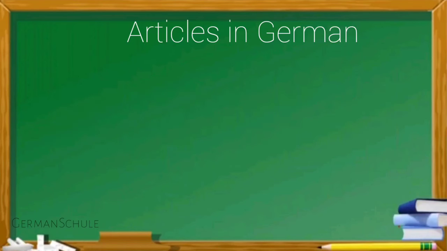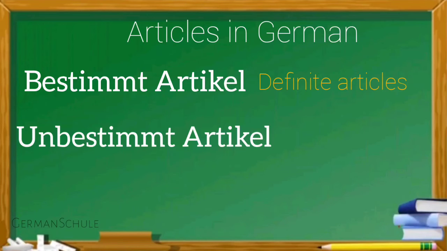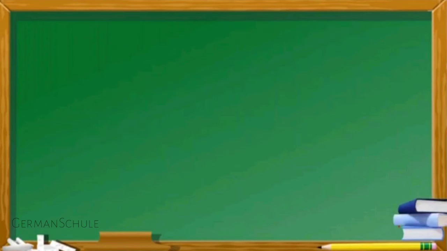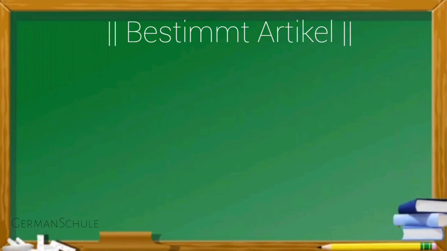In German, there are three basic types of articles: definite article, indefinite article, and negative article, which are known in German as bestimmter Artikel, unbestimmter Artikel, and negativer Artikel. In this lesson, we'll be doing the bestimmter Artikel in nominative case.